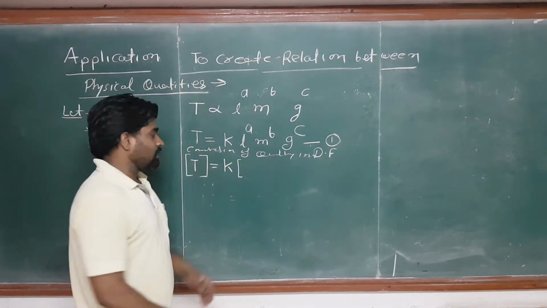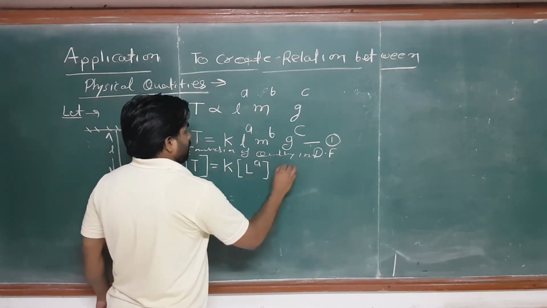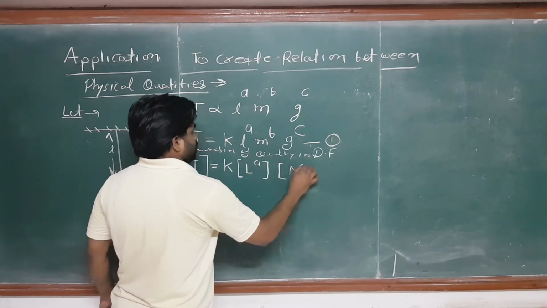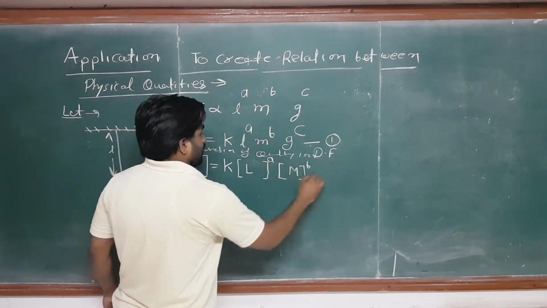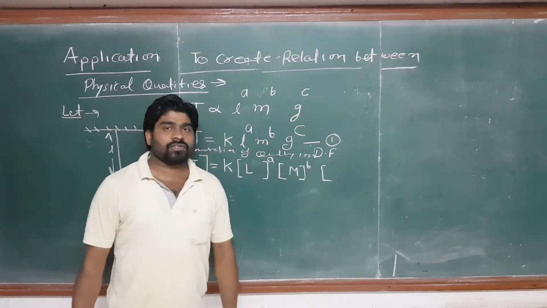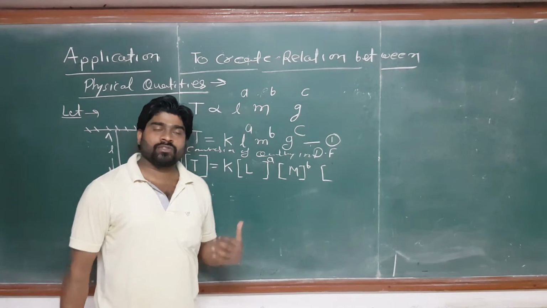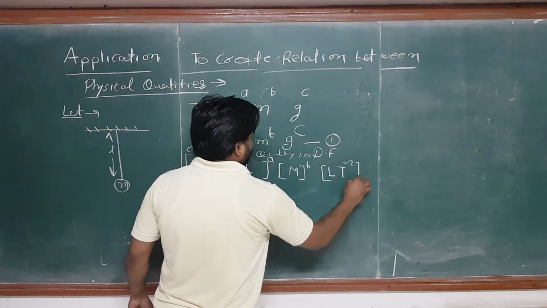L is the length, then L to the power A; M is the mass, then capital M to the power B; and G is the acceleration due to gravity. As acceleration has dimensional formula L T inverse 2, we write L T inverse 2 to the power C.